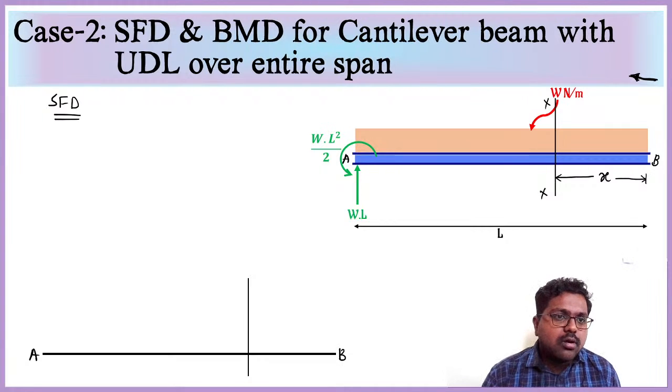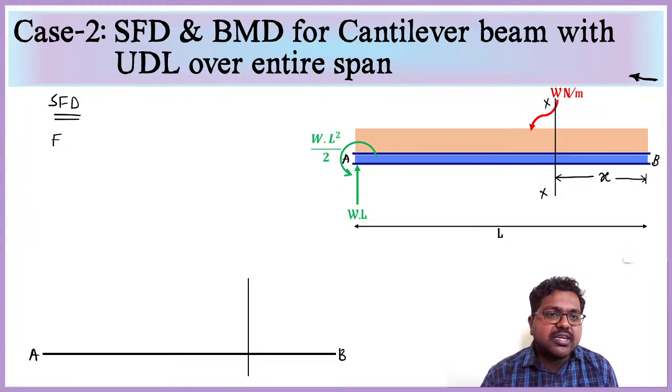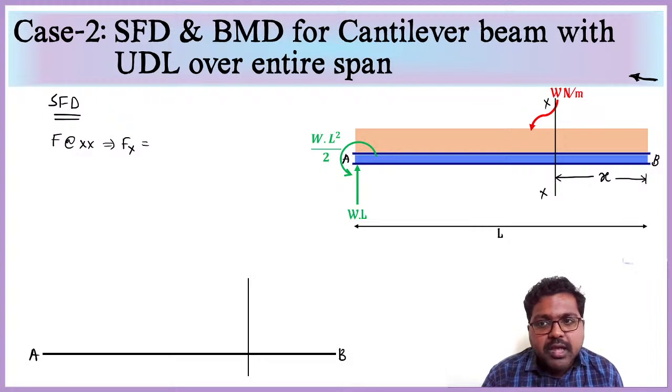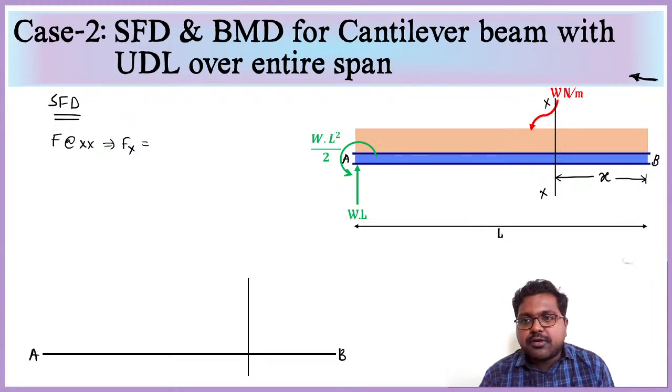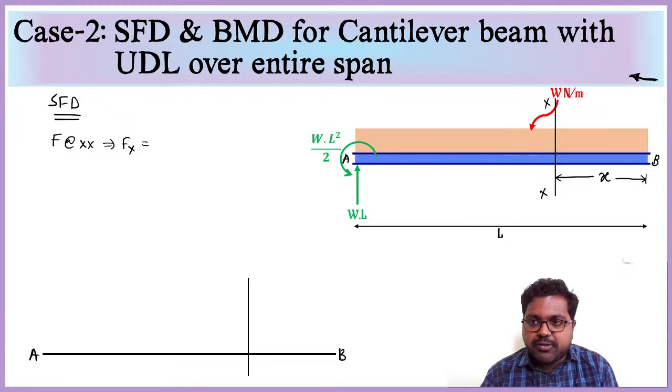Right. So now if I want to find the shear force at section XX, I'll mention it as Fx, that will be equal to the total shear force acting to the right hand of the section XX. So to the right of the section XX, what is acting here? The load W Newton per meter, UDL.